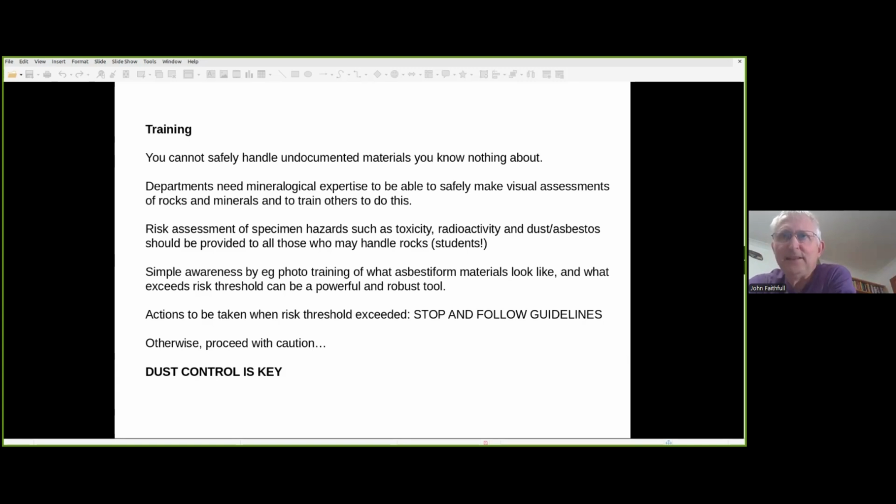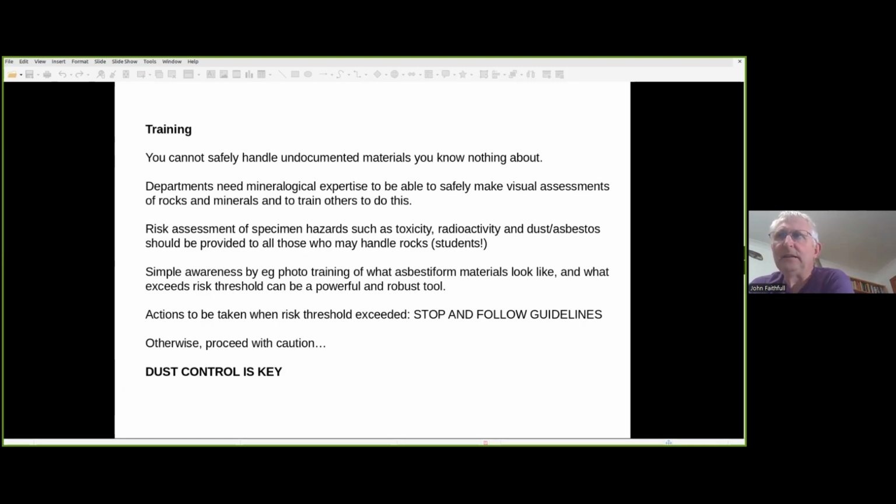So departments need a degree of mineralogical expertise to be able to safely make accurate visual assessments of rocks and minerals, and to train others to do this. Doing this should be provided to all who may handle rocks, including students. So things like toxicity, radioactivity, and dust, not just asbestos, but dust, should be things that people are aware of when we're training them to work with specimen materials.